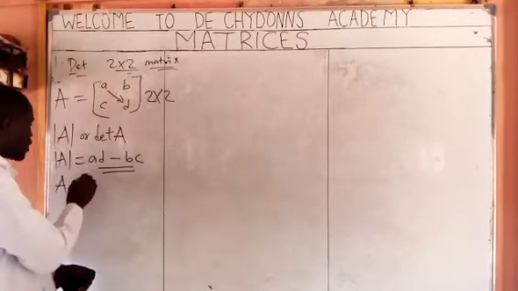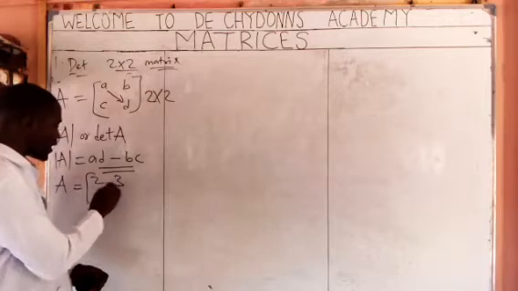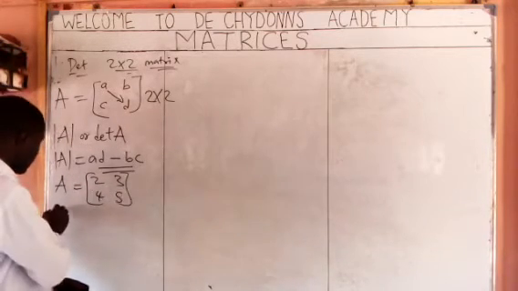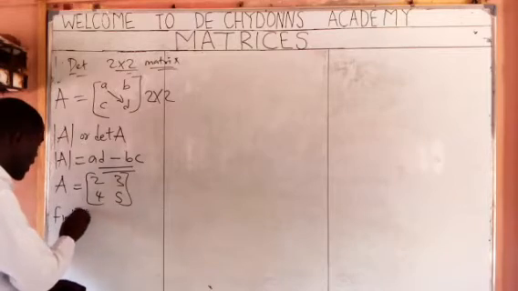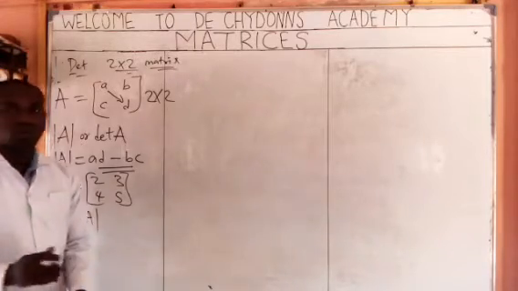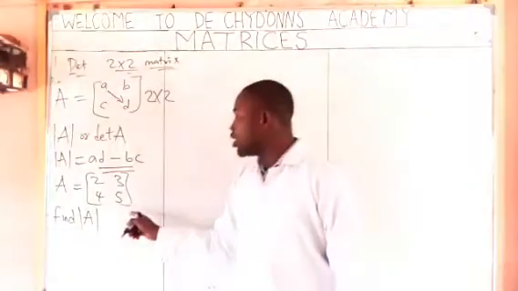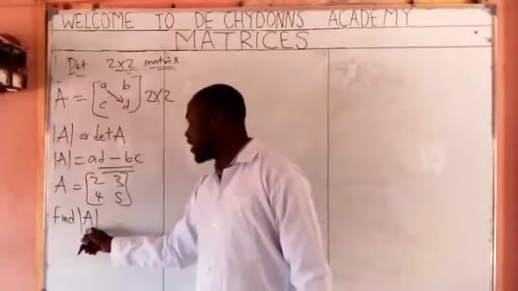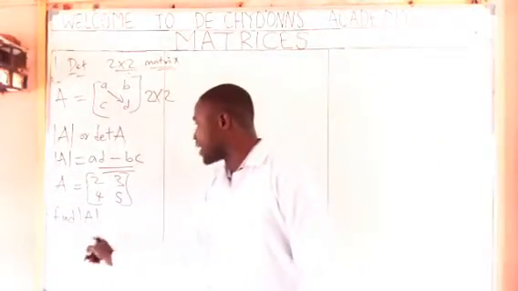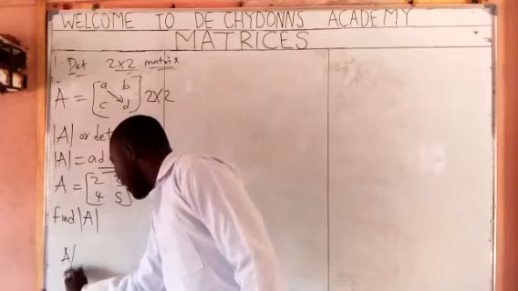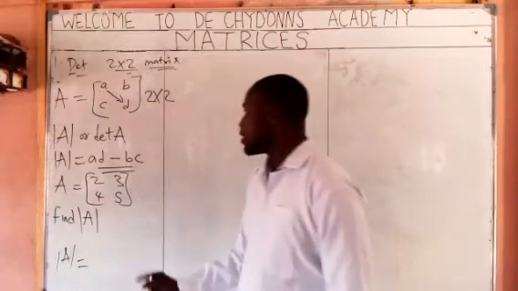Then we now see an example on this. Matrix A equals to 2, 3, 4, 5, and they say find |A|. Since they say find |A|, they are saying find the determinant. What you do is that you say |A| equals to.